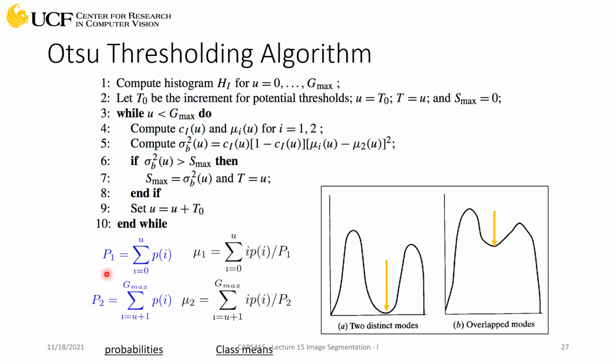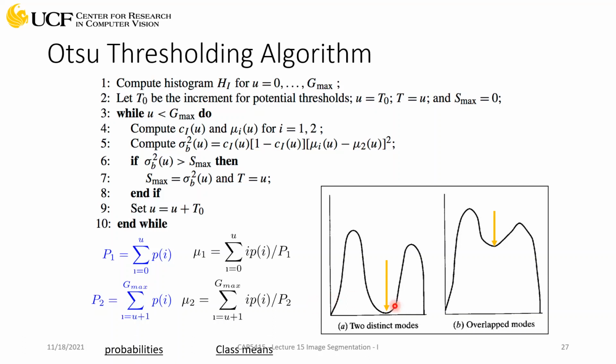Okay, so again, this is pretty simple. P1 is the probability of a pixel belonging to, let's say, the foreground class. If you have to compute the probability, that simply means if you select a threshold at this location, all the pixels on the right are foreground, right? And all the pixels on the left are background.